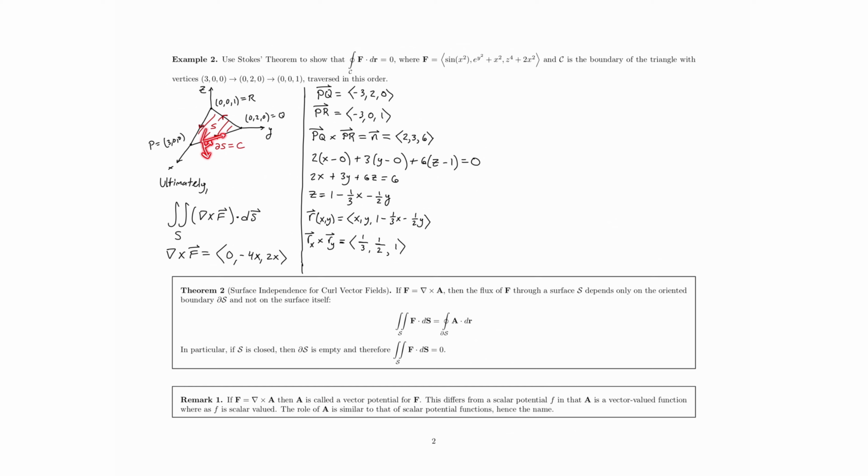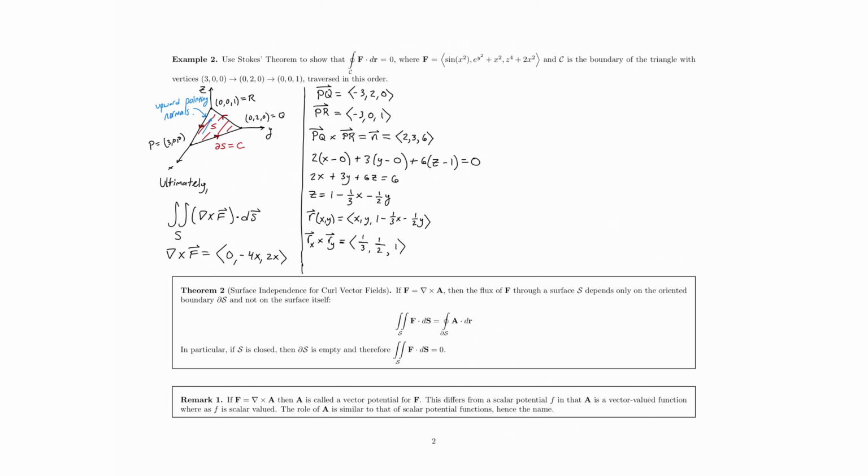So this would give us an upward pointing normal vector, something like that. So upward pointing normals. Okay. So this has got a positive x component, so this is upward, so we're good.